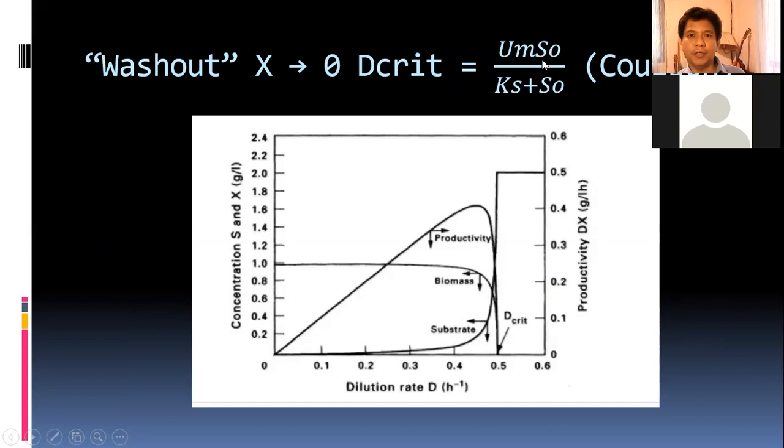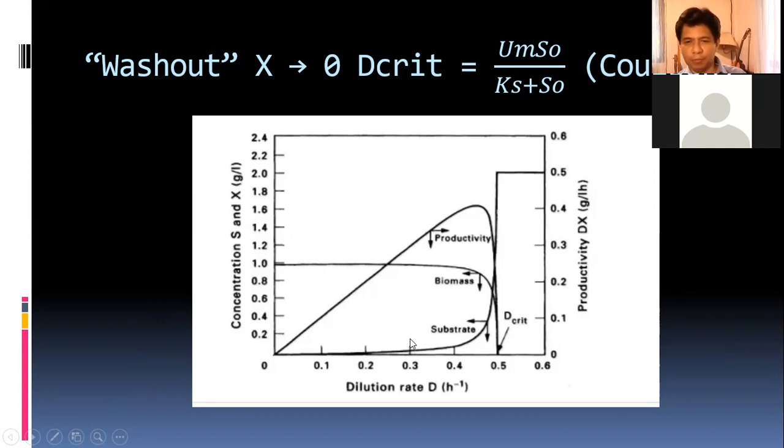So pag yung S is equals to S sub O, ibig sabihin parang dumaan lang sa reactor yung stream, ano? Mabilis yung daan niya. So hindi na process yung substrate, ano? Hindi nabawasan yung substrate. So if you're going to equate S to S sub O, then you have the critical D. So ano ba nangyayari if you have the critical dilution rate?